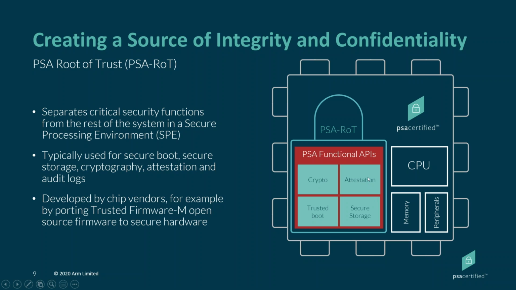To access all these functionalities, PSA also defines so-called PSA Functional APIs that the non-secure software can use to access all these secure functionalities. That actually makes the device secure from the PSA point of view.